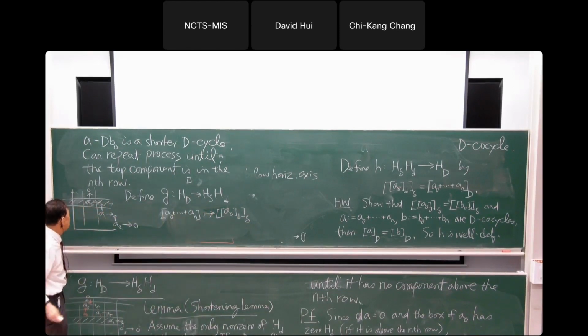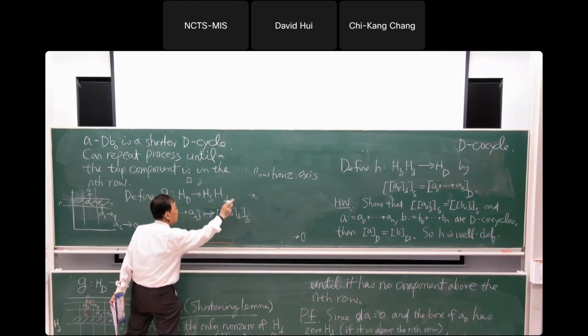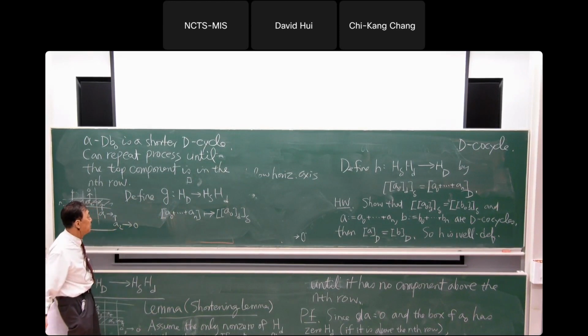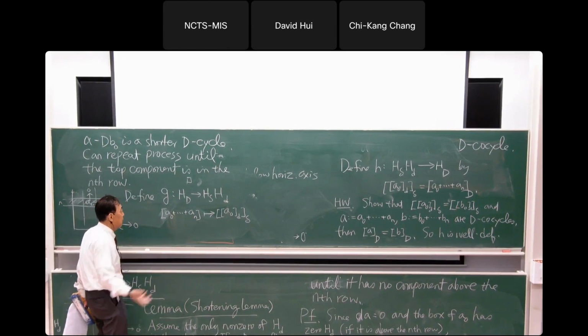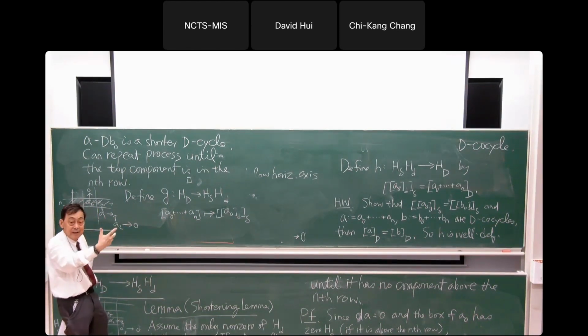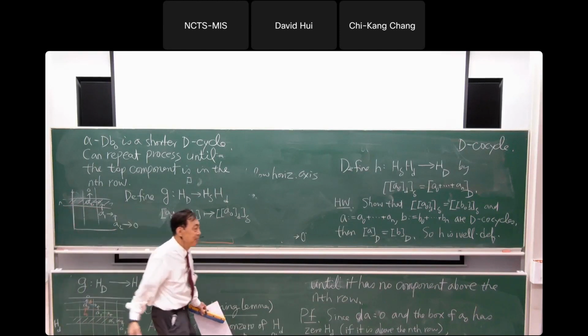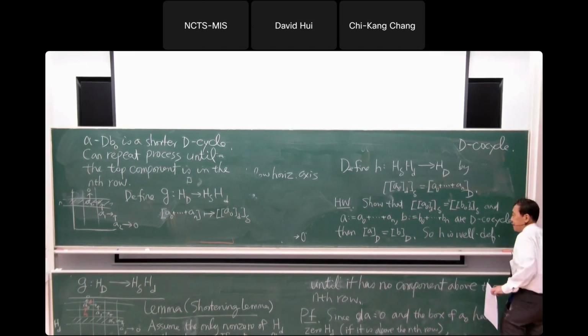So you just cut off everything else and just take the delta D cohomology class of the top component. Okay, so we'll stop here, and after the break, we'll check that this is inverse to the other map H. Then you get an isomorphism. All right, let's take a break.